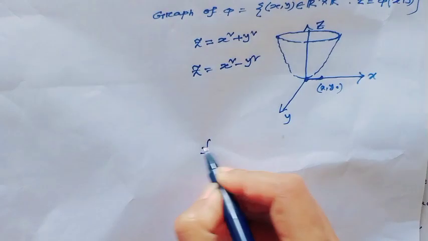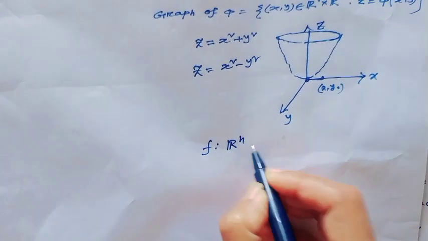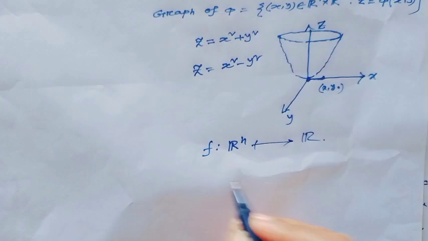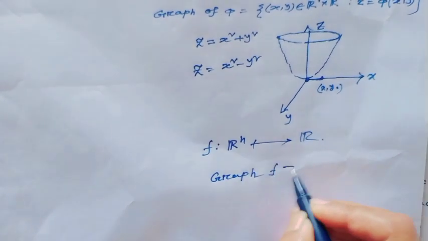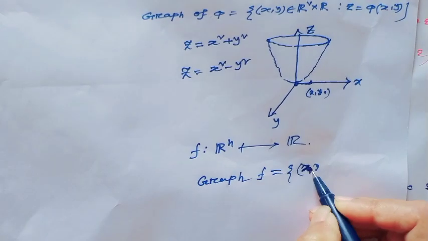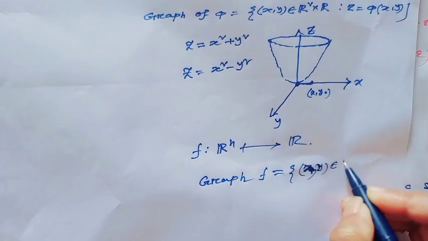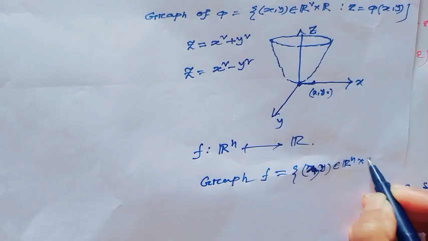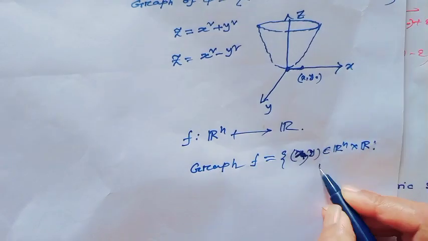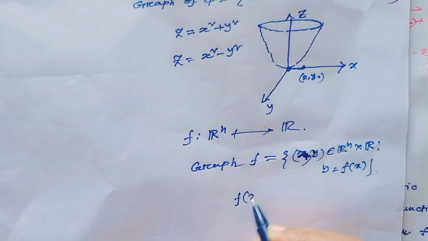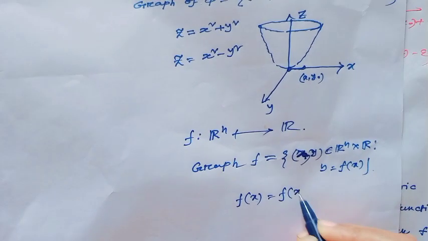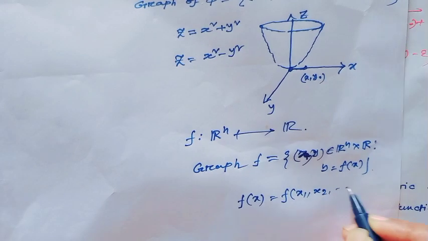If we consider a function from Rn to R, the graph of the function is the set of (x, y) belonging to Rn cross R such that y equals f of x, where f of x equals f of (x1, x2, up to xn).